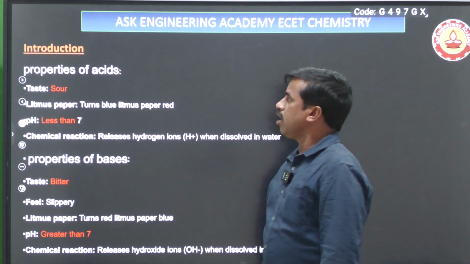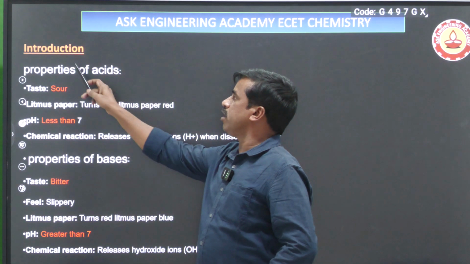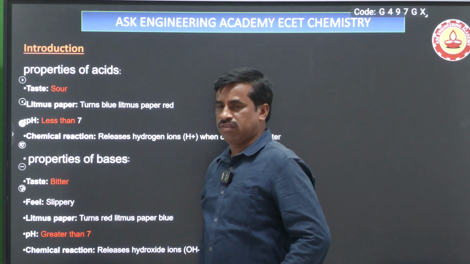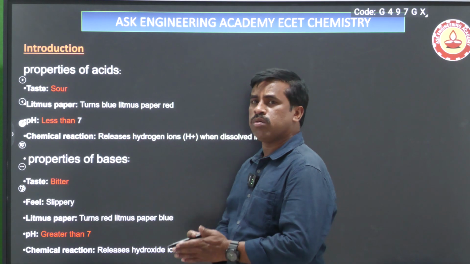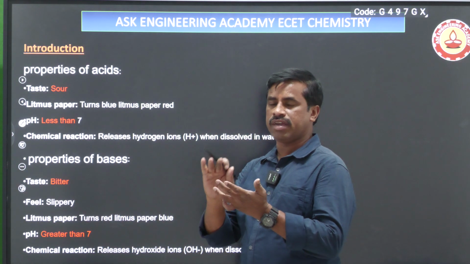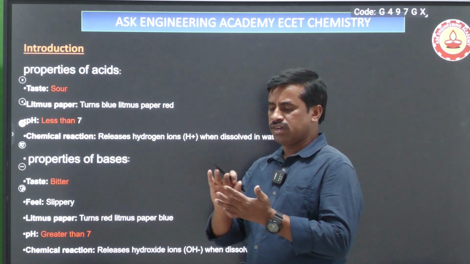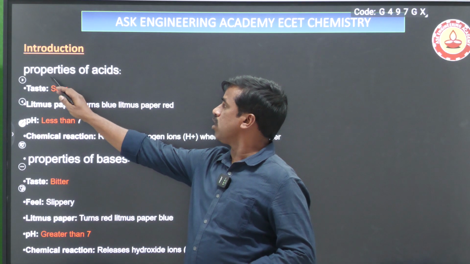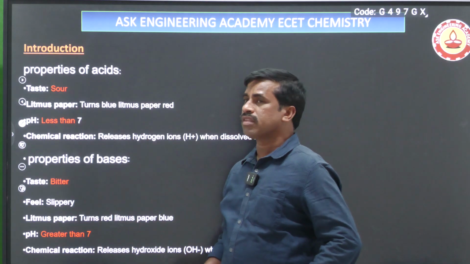Next, I am going to introduce one by one, the introduction of acids and bases. Here, the chemical substances are divided into acids, bases and salts. Now I would like to introduce the properties of acids.